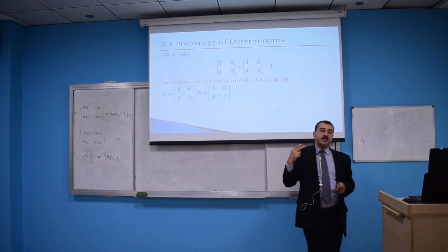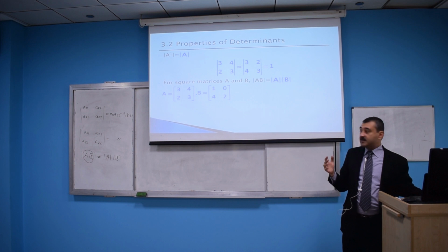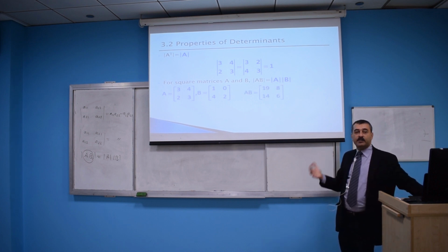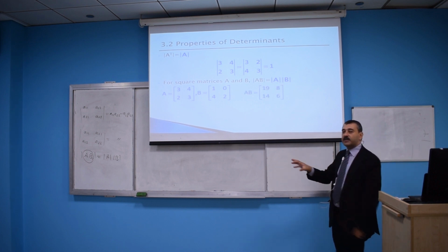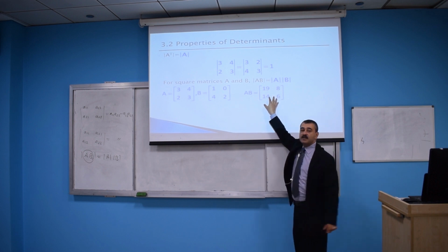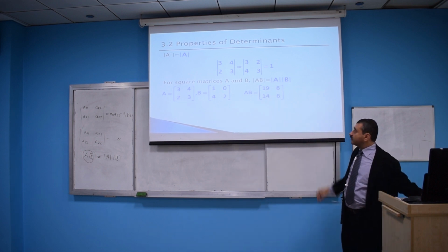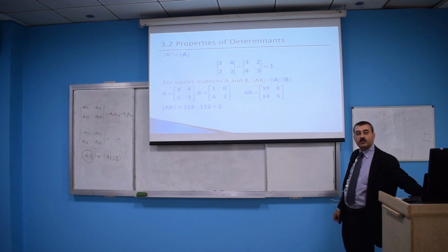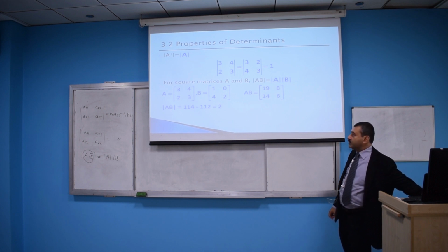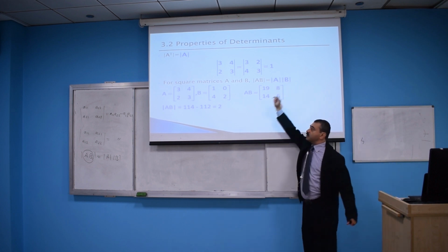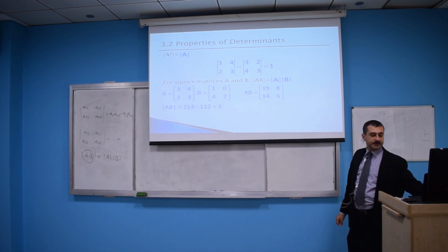So the determinant of AB is 2. Instead of multiplying A by B, using matrix multiplication, you would get this new matrix, and finding its determinant would also give 2. So it's simpler to use this property to find the determinant.